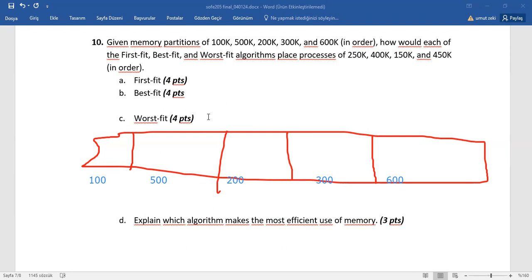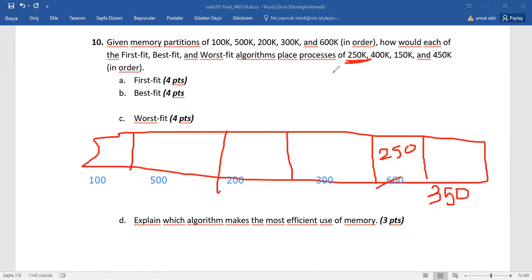Okay, in worst fit, the first one is 250. So we will look for the biggest hole. Which is the biggest one? This one. So I will put 250 here, and we will have 350 remaining empty.